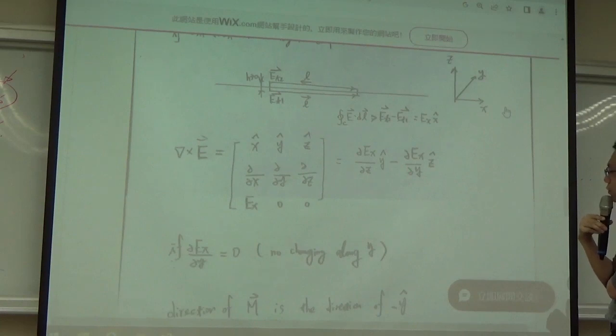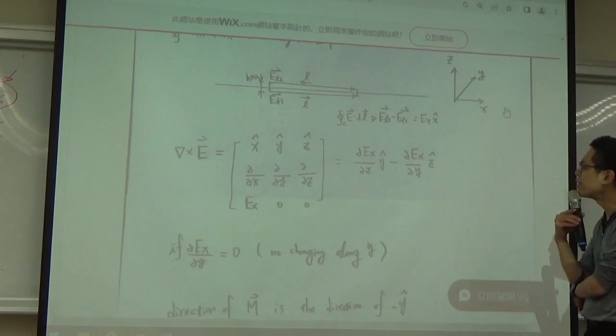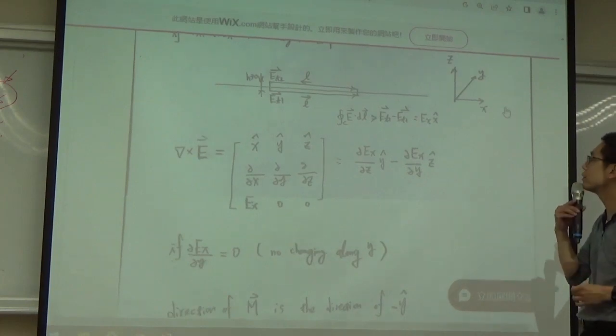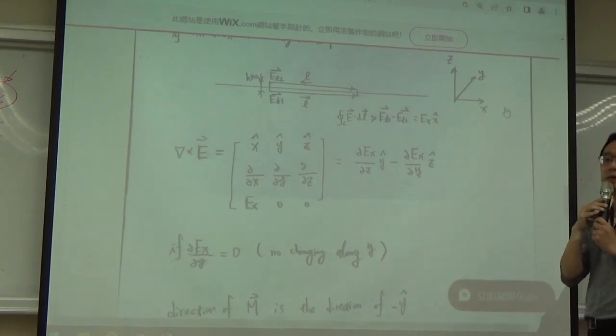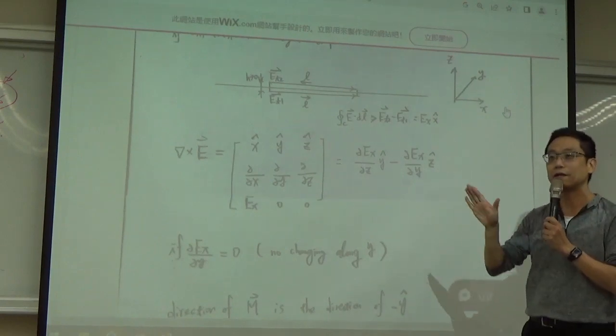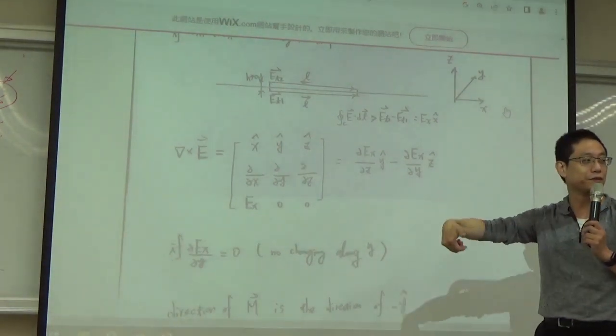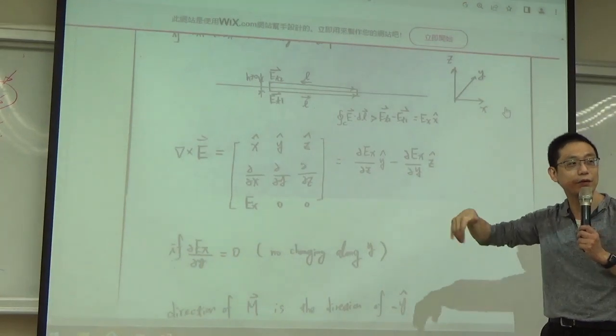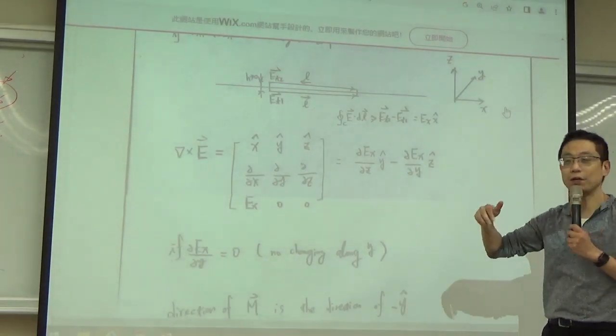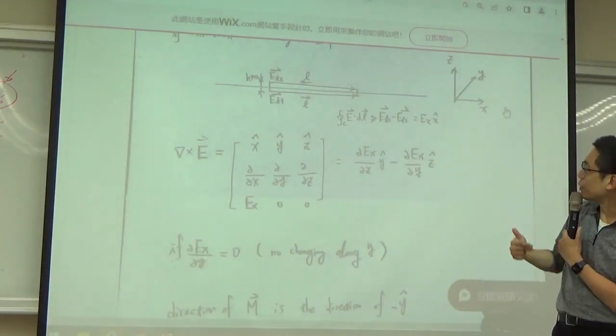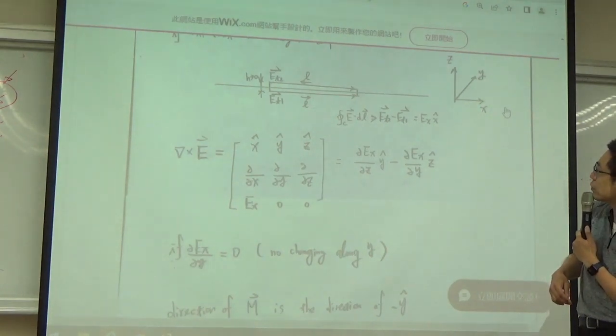I need a reason, but actually maybe this is not the best way to explain a question. If you use your right hand to make a loop, maybe you can see the direction of n. But if you use this one, maybe it makes more trouble.